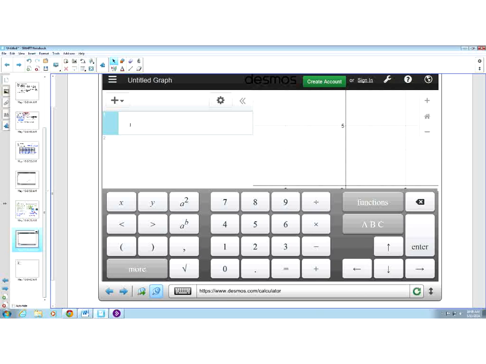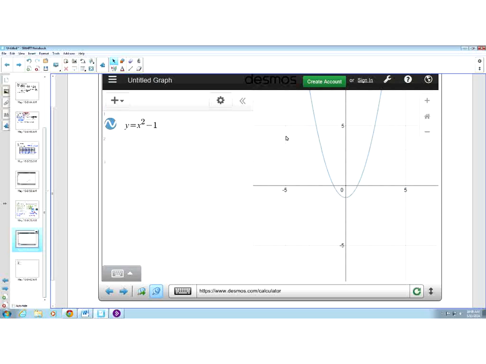All right, so let's consider the graph y is equal to x squared minus 1, which is your fundamental parabola shifted 1 unit down. Now, what would happen if we took the absolute value of this function? Well, when we take the absolute value of a number, then this piece below the x-axis has to be reflected above the x-axis, right?